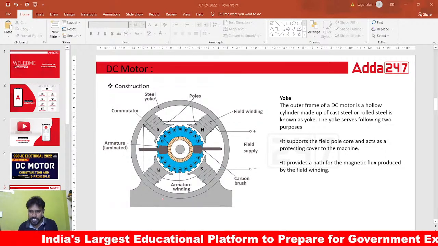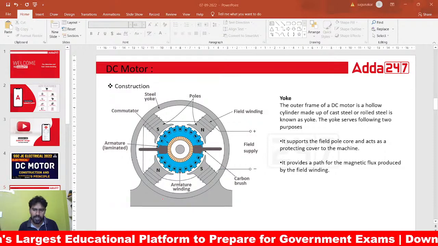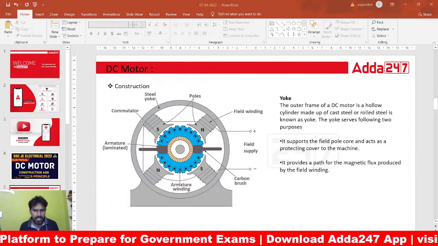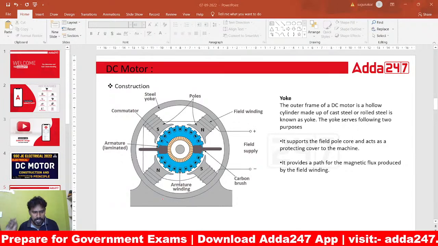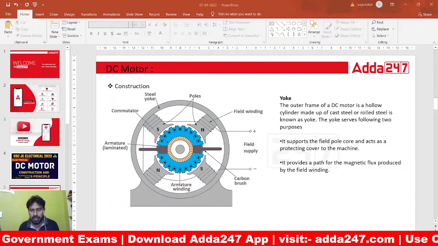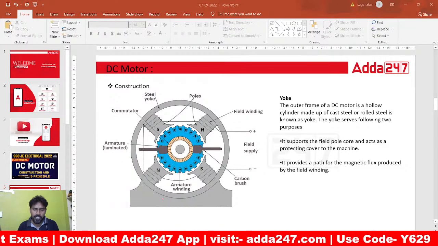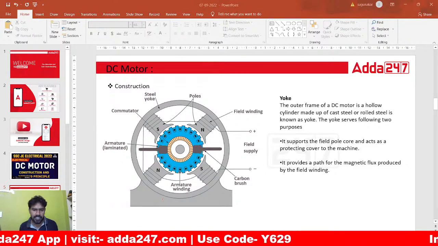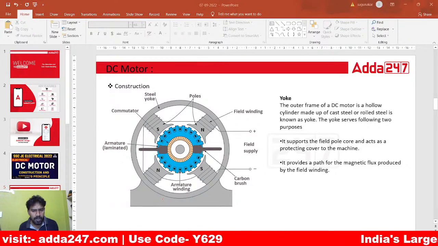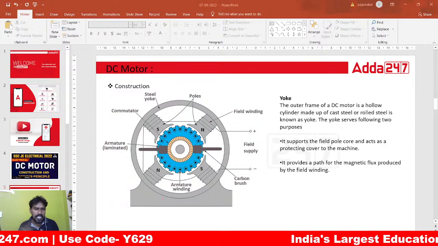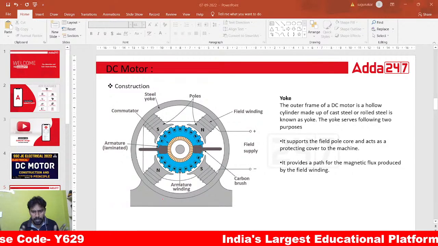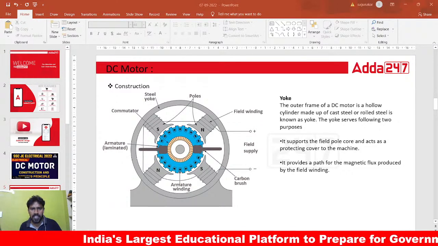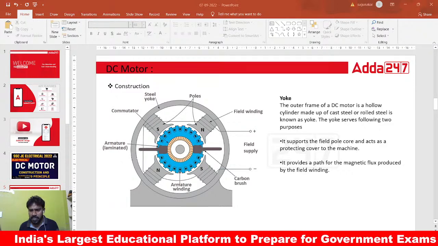For a lap winding, the number of parallel paths equals the number of poles given in the data. For a wave winding, whether it is a 2-pole, 4-pole or 6-pole machine, it is irrespective of that, and the number of parallel paths is always 2. You can remember this direct answer.